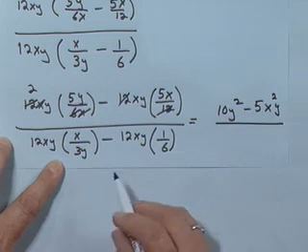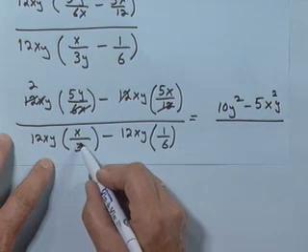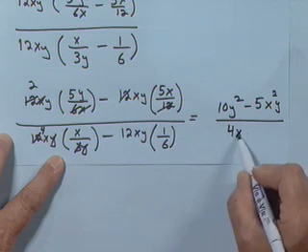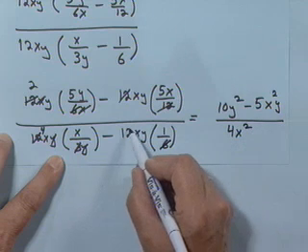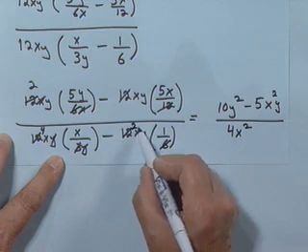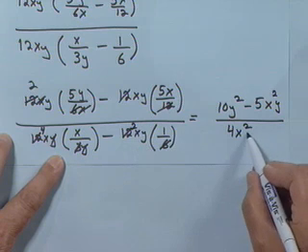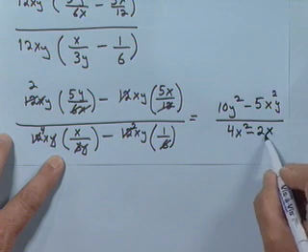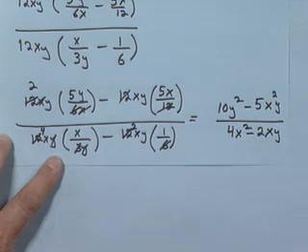For the denominators, the 3 cancels the 12, leaving a 4x squared, and then for the second term, 6 cancels the 12, leaving us 2xy times 1, so that is a minus 2xy.